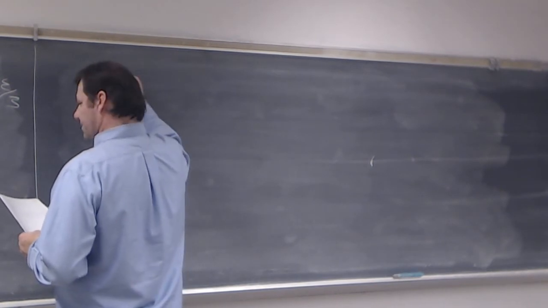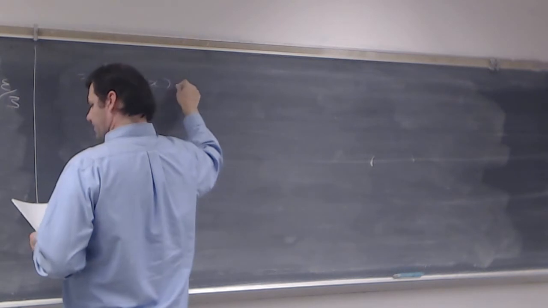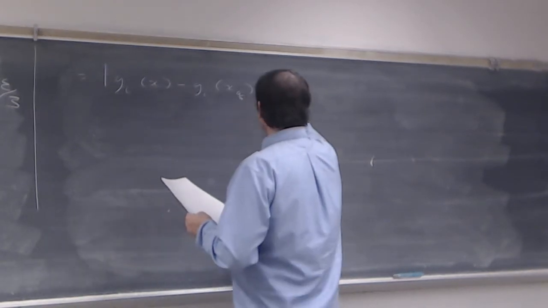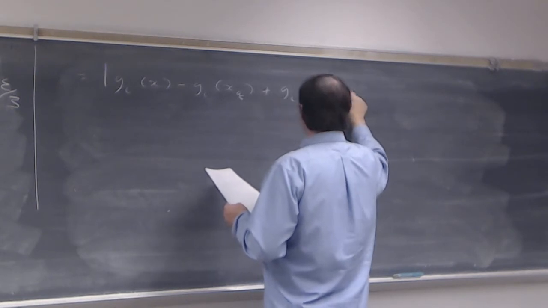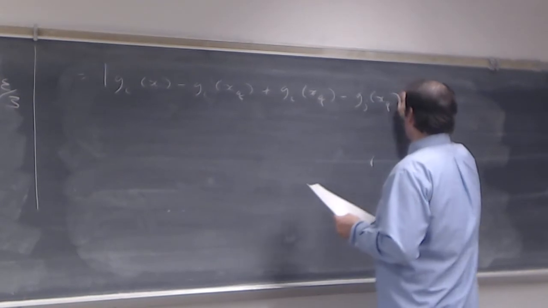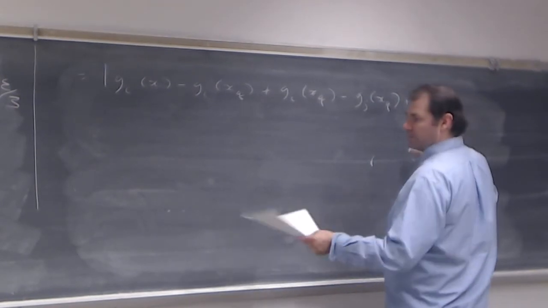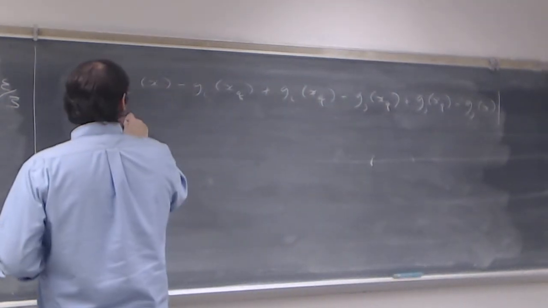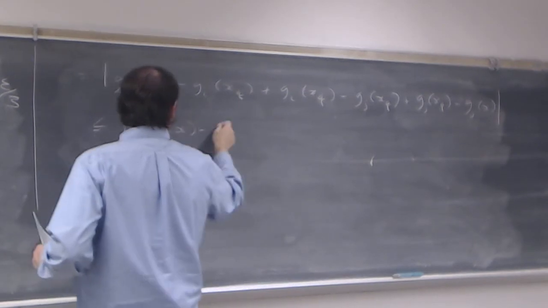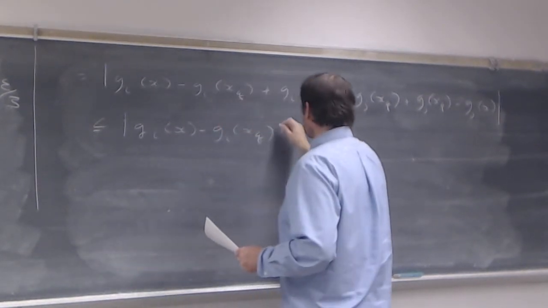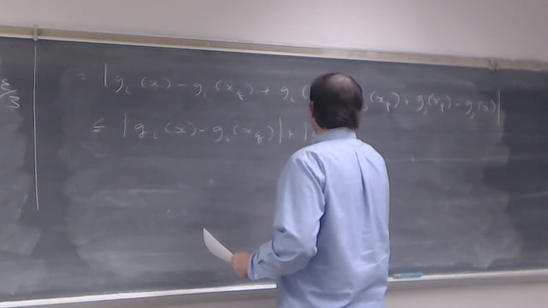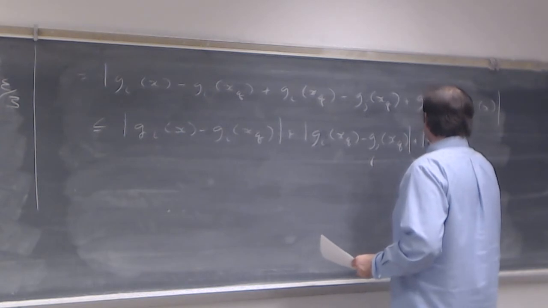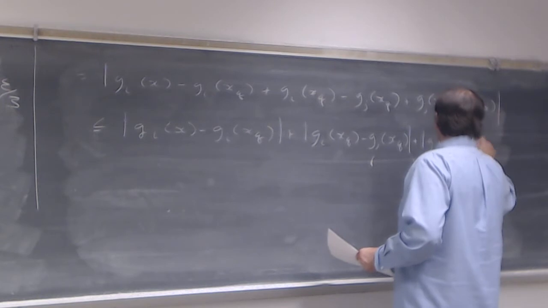That can be rewritten as the absolute value of g sub i of x, now I'm going to add and subtract some things, minus g sub i of x sub q plus g sub i of x sub q minus g sub j of x sub q plus g sub j of x sub q, and then minus g sub j of x, which can be split up using the triangle inequality as the absolute value of g sub i of x minus g sub i of x sub q, plus the absolute value of g sub i of x sub q minus g sub j of x sub q, plus the absolute value of g sub j of x sub q minus g sub j of x.